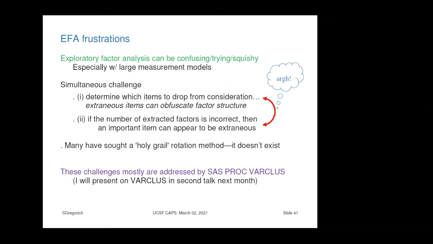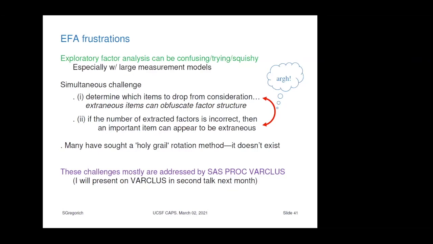Having said all of that, I find EFA can be very frustrating, especially with large models. If you've got lots of items with lots of factors, it can really be frustrating. And mostly it's because of the simultaneous challenge section here. You have to determine which items to drop, but extraneous items can obfuscate the factor structure, and you have to determine the number of factors to extract.